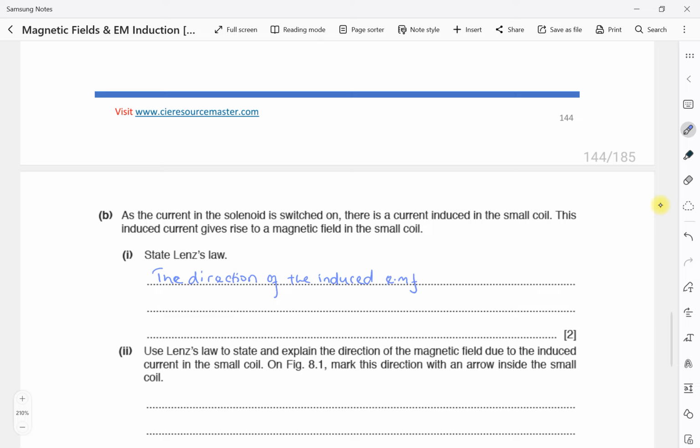The direction of the induced EMF is such as to cause effects that tend to oppose the change producing the EMF.